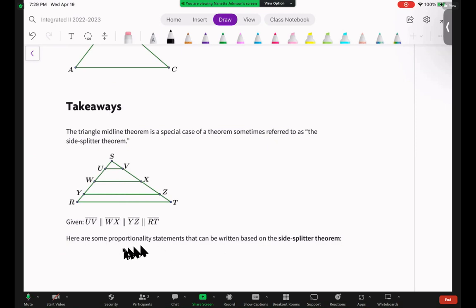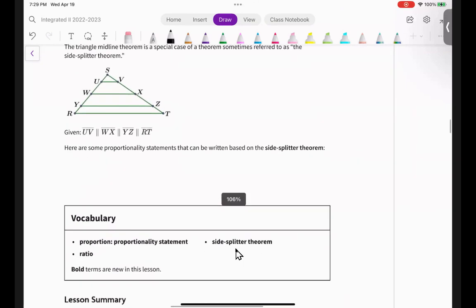So here, given that UV is parallel to WX and parallel to YZ and parallel to RT, what are some proportionality statements? Okay, so you should be able to mark some of these out. I'll write some of them with you.